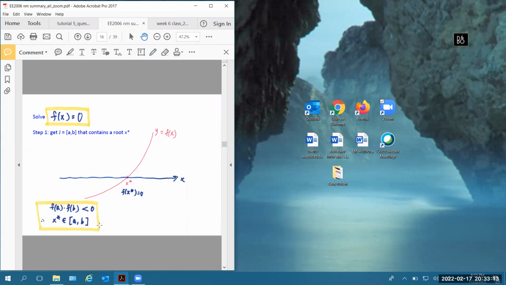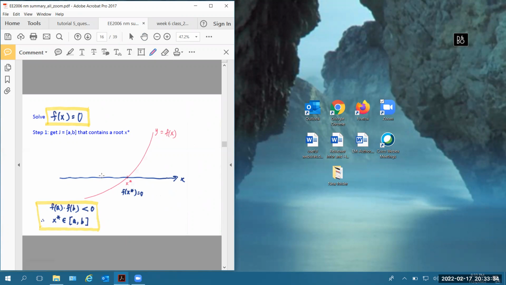So we just, by trial and error, find some a, some b, and then get the value of f(a) and the value of f(b). If one of them is positive and one of them is negative, meaning that the product is negative, that means there's an x star inside.